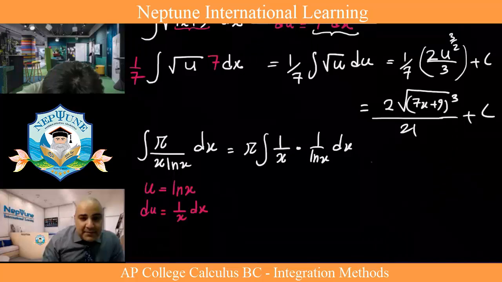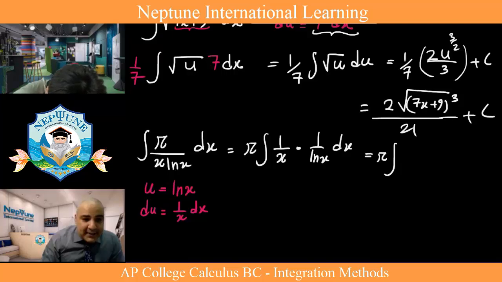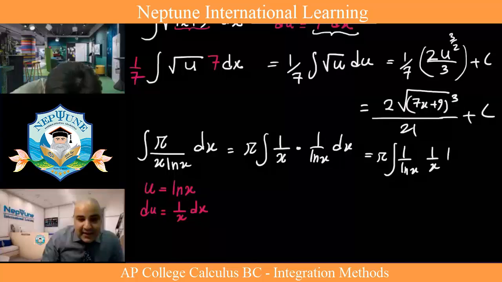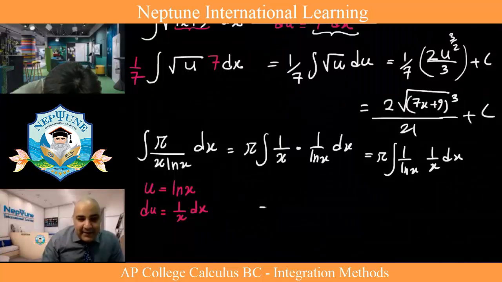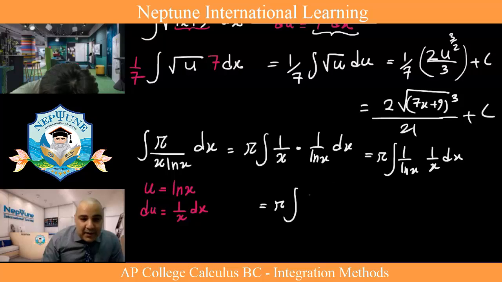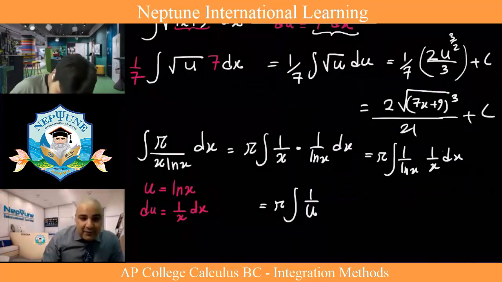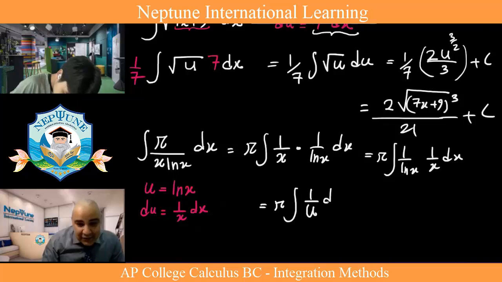That becomes pi, and then I will write it like 1 over ln x, then 1 over x dx. If I write it like this, then it's more obvious. So 1 over ln x becomes 1 over u, and 1 over x dx is du.